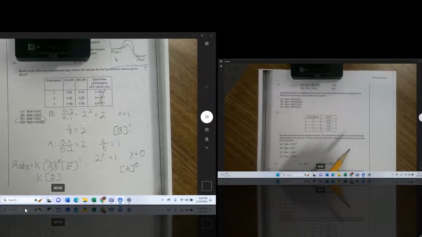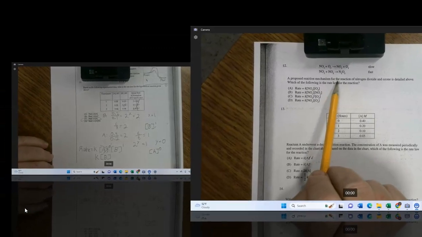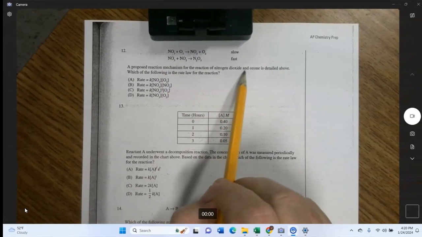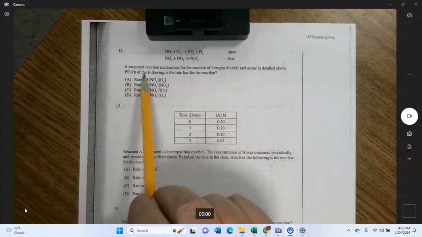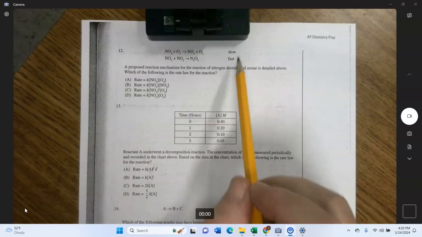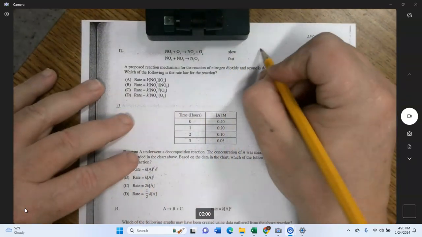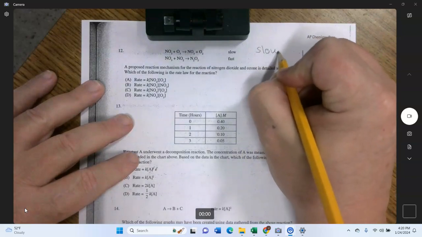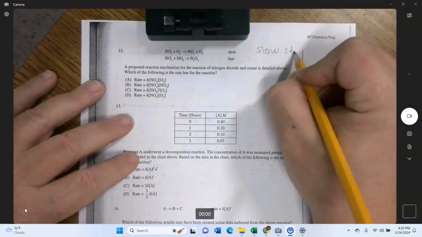Okay, on to problem 12. A proposed reaction mechanism for the reaction of nitrogen dioxide, that right there, and ozone is detailed above. Which of the following is the rate law for the reaction? So remember, slow step first is easy. That's the one where you don't have the substitution complication.